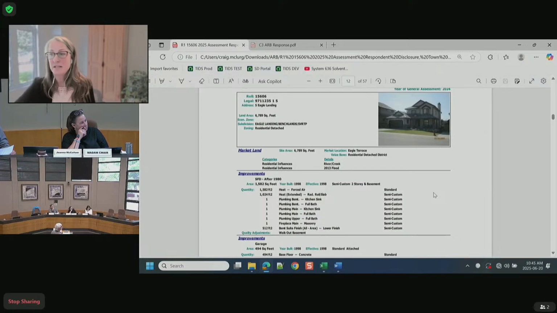We've provided details as to what the differences are between your property and those properties and why yours would achieve a premium, backing onto Cougar Creek with the walkout basement and the basement suite. So we've provided a good amount of information to help you understand how your assessment was prepared. If you do want to get the detailed calculations, the only avenue is to go through the section 299-300 request through the town.